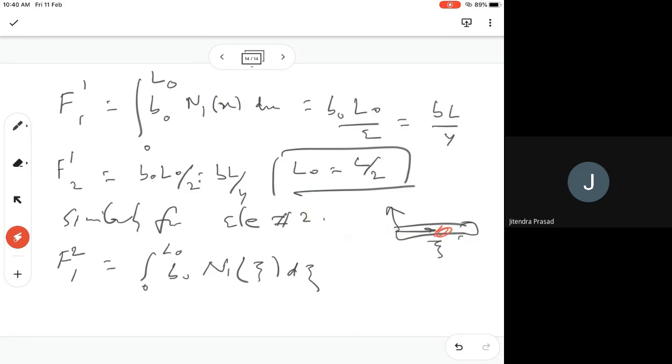This is the second element, so the coordinate system should start from here. Let's say that's zeta, and in terms of zeta you can frame your interpolation function, as I explained yesterday.